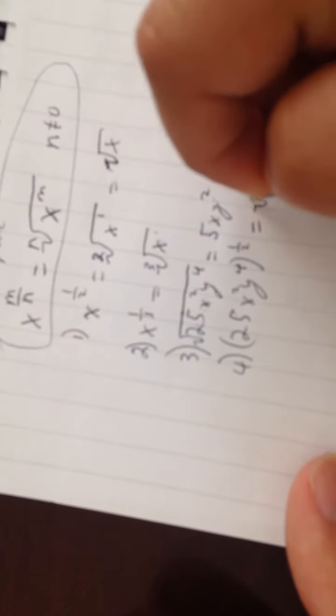So you would receive the same answer. We can rewrite it as the square root of 25x squared y to the 4th, which is the same answer, 5xy squared. Alright? And that's the basics of rational or fractional exponents.